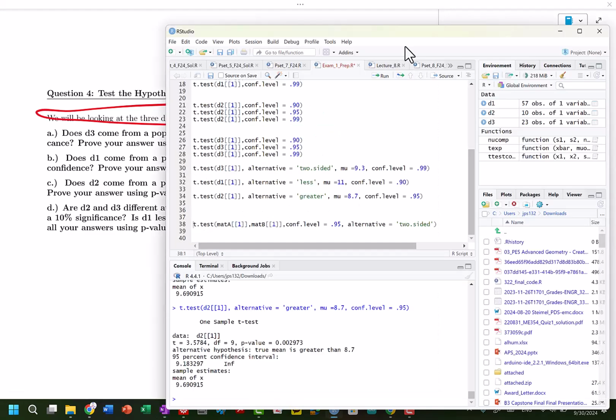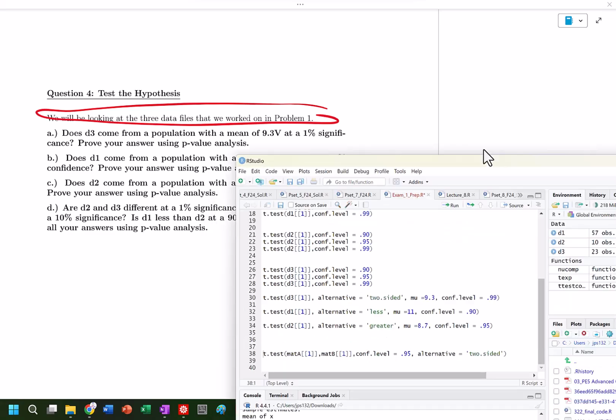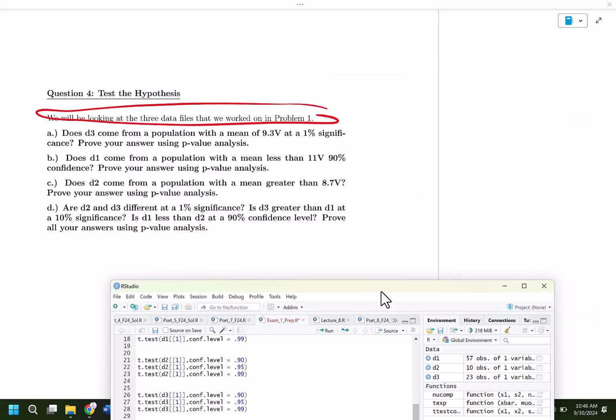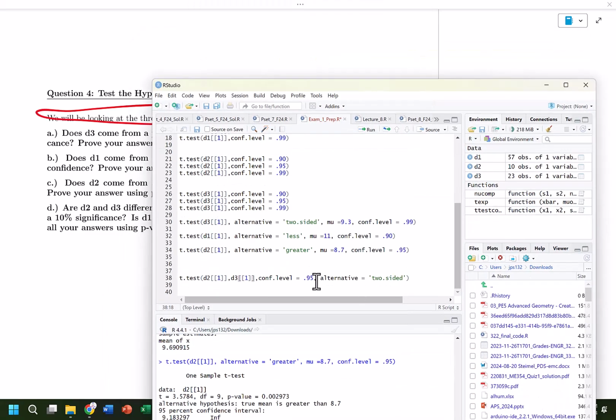Are D1, D2 and D3 different at a 1% significance? So let's go ahead. D2, D3, alternative two-sided, different at 1% significance. So that would be a 99% confidence interval.